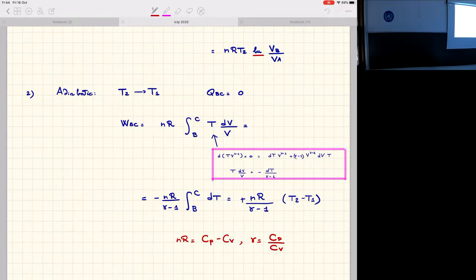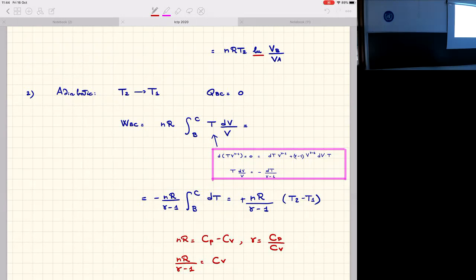And therefore, n times r divided by gamma minus 1 is equal to what? Is equal to Cv, right? Correct? So in practice, what I discovered is that the work done is Cv times the difference in temperatures.